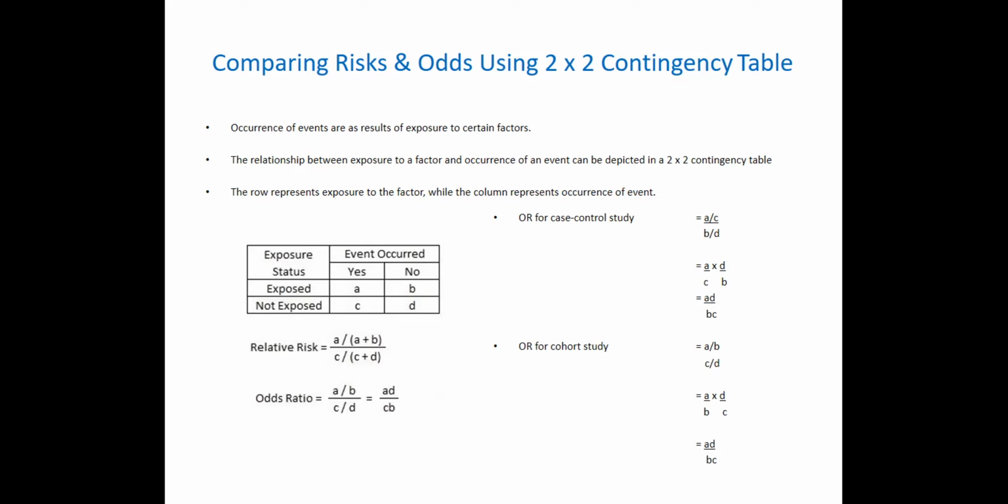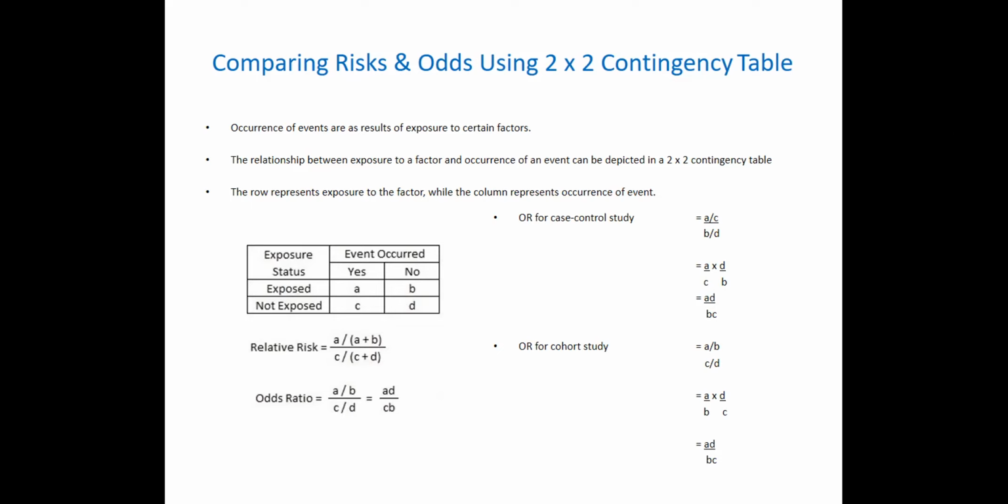The outcome event also has 2 categories: event occurs or not, sick or not sick. Just like smoked or did not smoke, lung cancer or no lung cancer. That's why A, B, C, D is conventional. These are the addresses: the first cell is A, the second B, the other one C, and D.